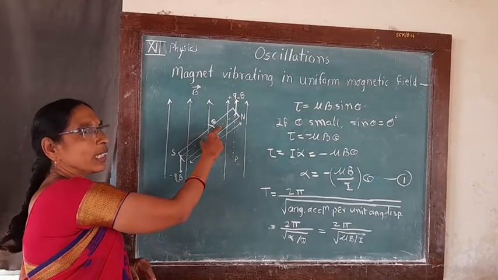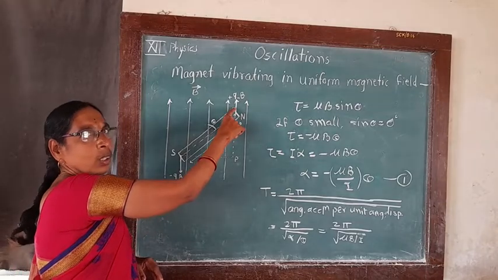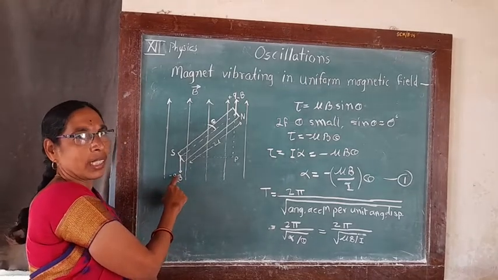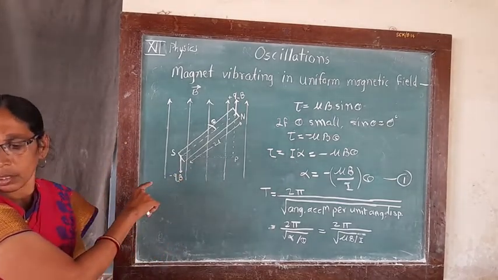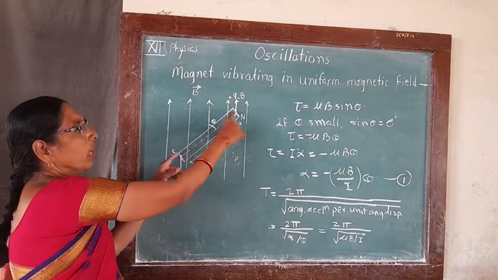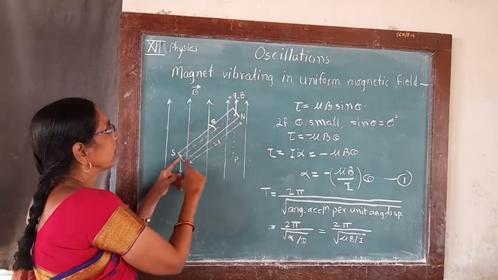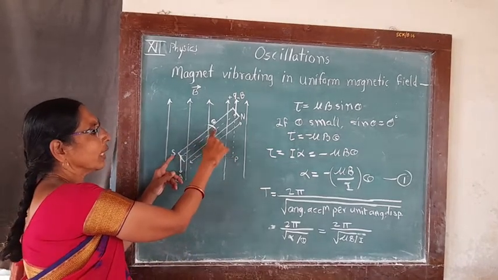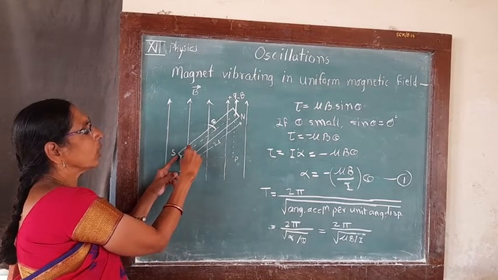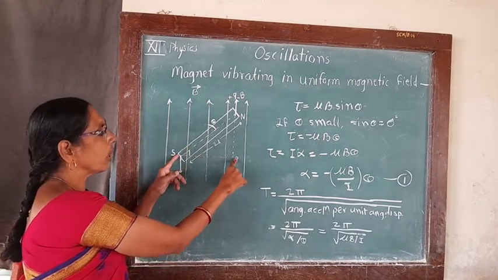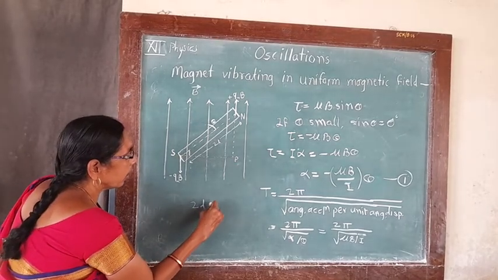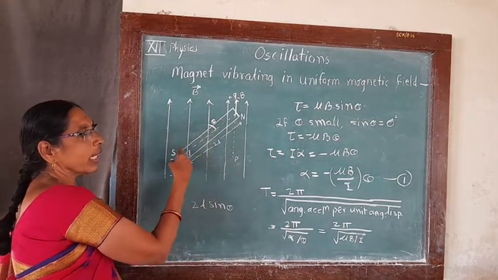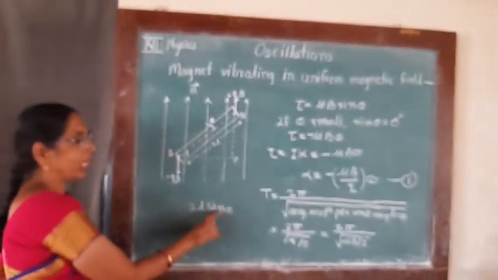So in the displaced position, the force acting on one of the poles is Qm into B, and on the other pole it is minus Qm into B. The perpendicular distance between these two forces is this much distance, S to P. If this angle is theta, this angle is also theta, and the value of this perpendicular distance SP from the diagram is 2L sin theta.